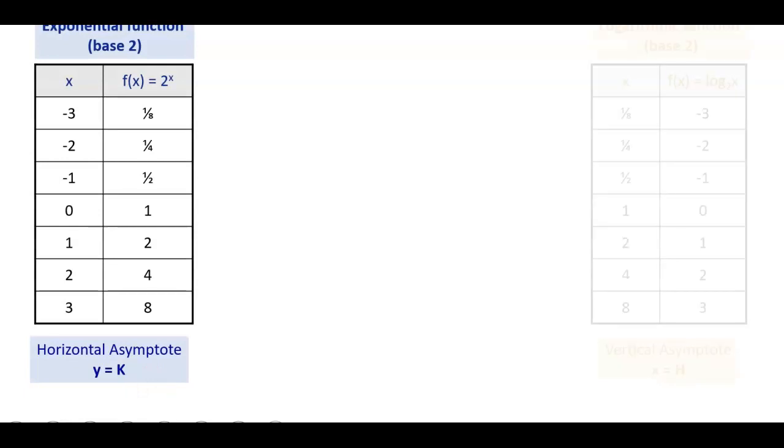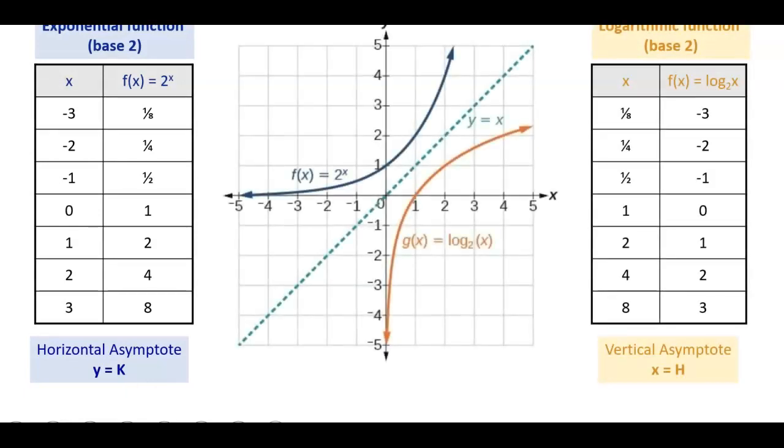Next, okay? Check it out. When we said that logarithm is the inverse of exponential, I want you to see how these look, okay? On the left, we have a normal exponential function, base 2, 2 to the power of x, okay?